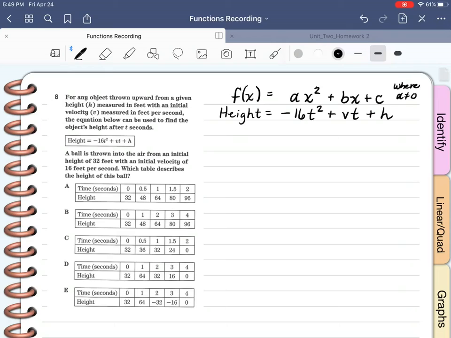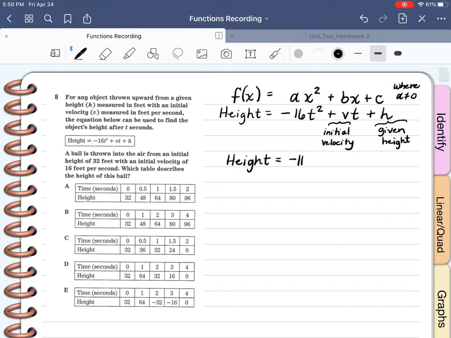Well, they tell me that the given height is the spot where the ball leaves the person's hand. This is the given height, denoted by the letter h, and initial velocity is used with the letter v. So what if I go ahead and substitute this information?